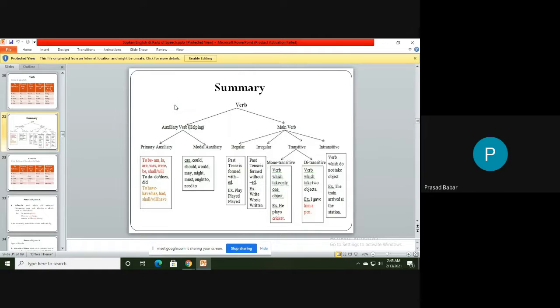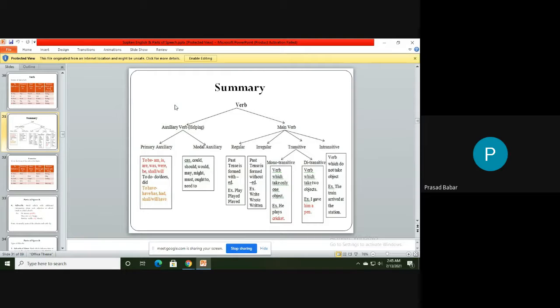There is irregularity in the three forms: first form, second form, and third form of a verb, and that is why these verbs are called irregular verbs. So in these irregular verbs, there is no regularity of the form.